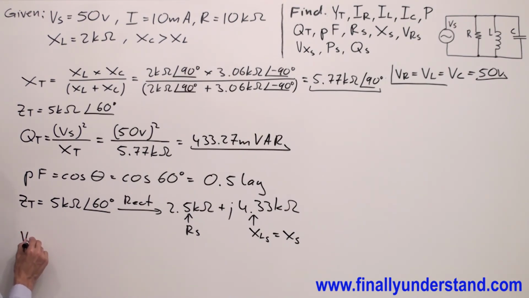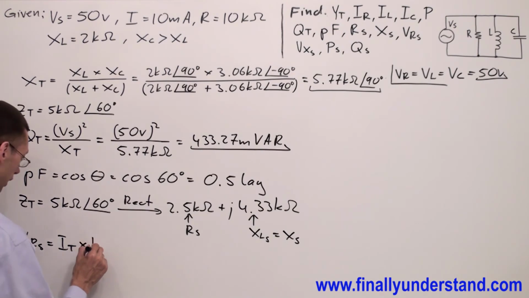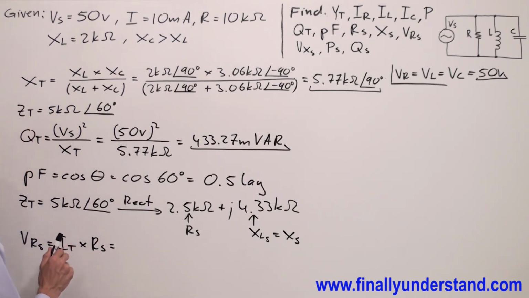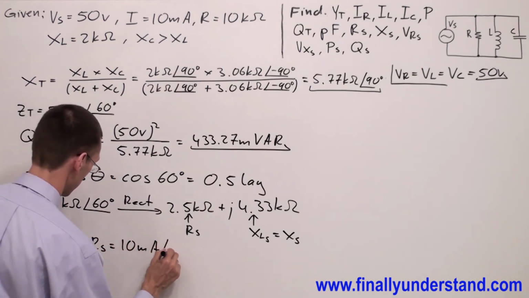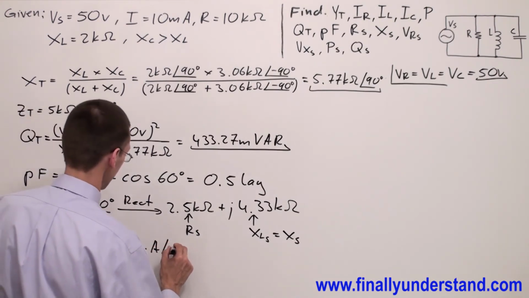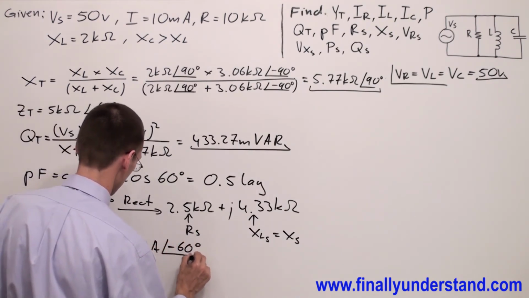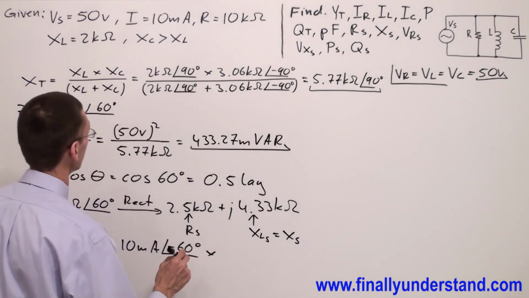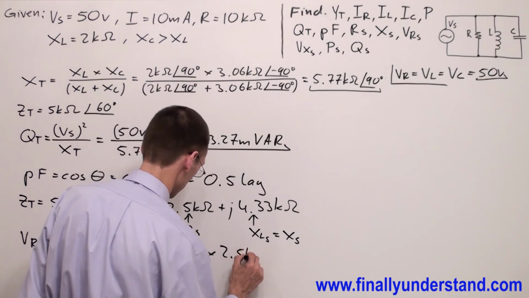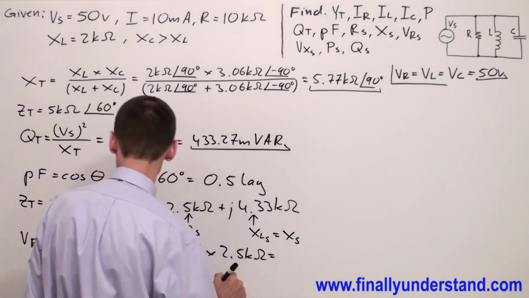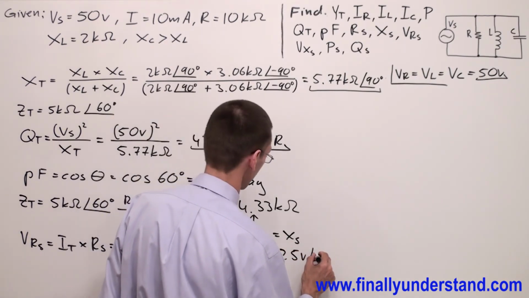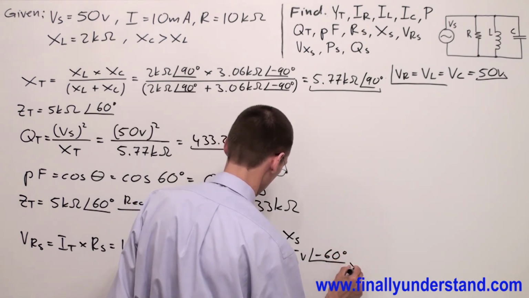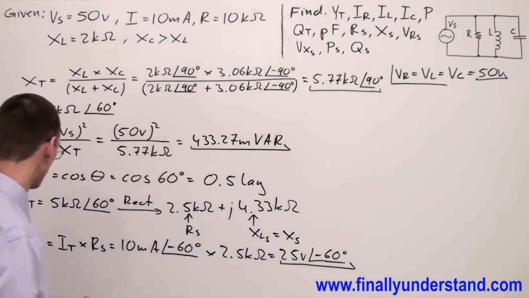So V R S is equal to I total times R S, which is equal to I total, 10 milliamps and angle of negative 60 degrees, times R S, which is 2.5 kiloohms, equals 25 volts and angle of negative 60 degrees. So this is the voltage across the resistor.